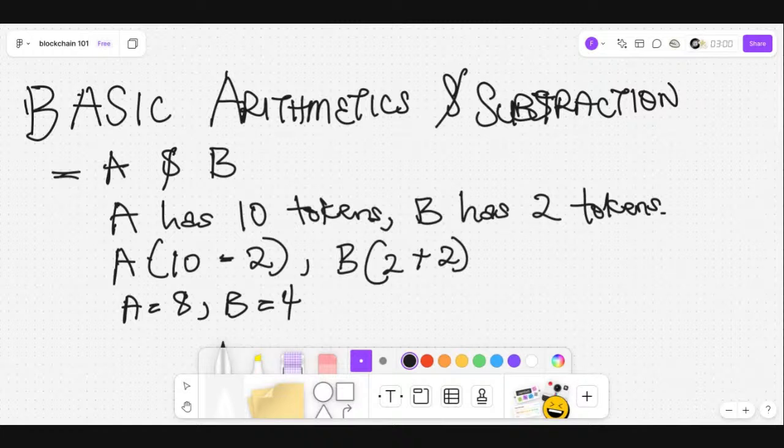And it should also handle the fact that person A's tokens will decrease. If you do not handle those scenarios, your smart contract will be faulty and vulnerable.